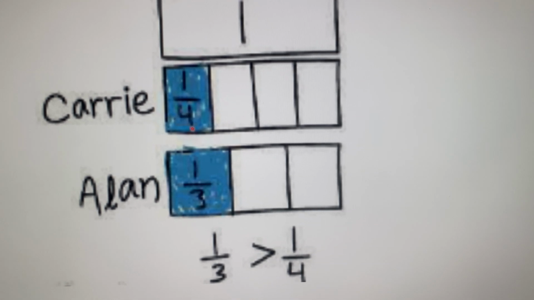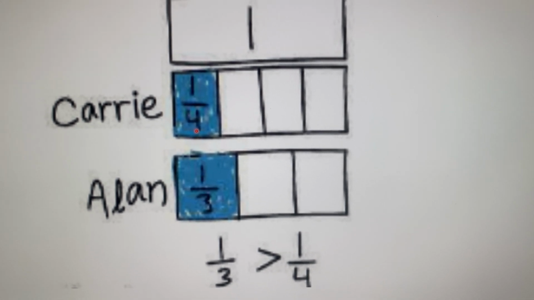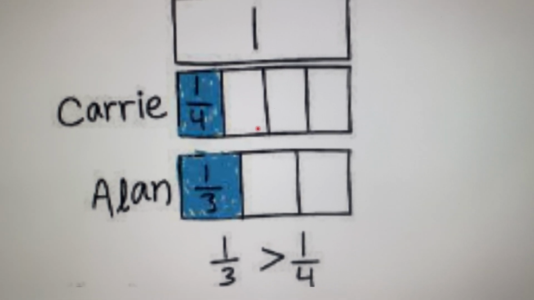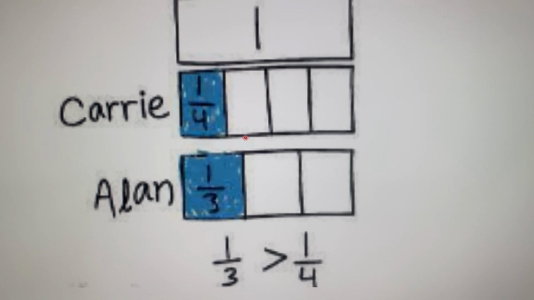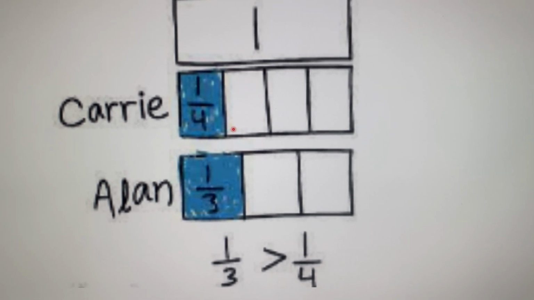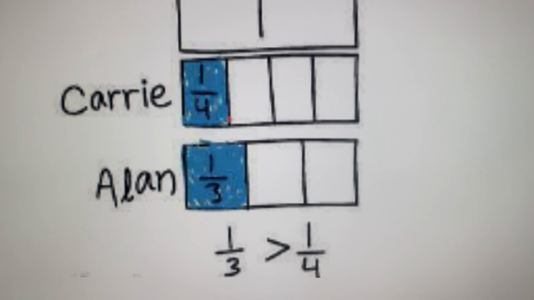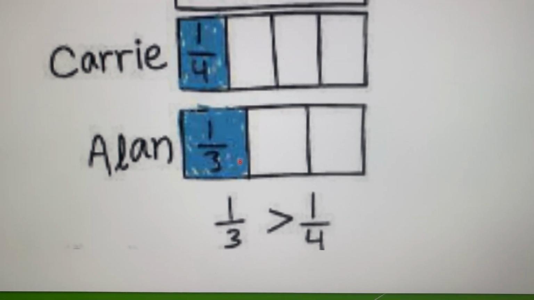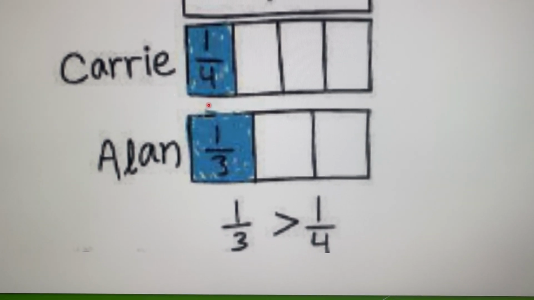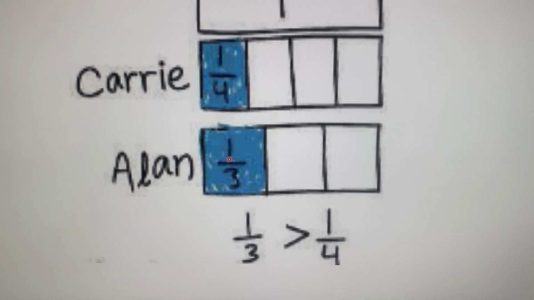But in Carrie's model, I needed to break it into 4 equal parts. I needed more parts, so less space. So in the end, I found that 1/3 is greater than 1/4.